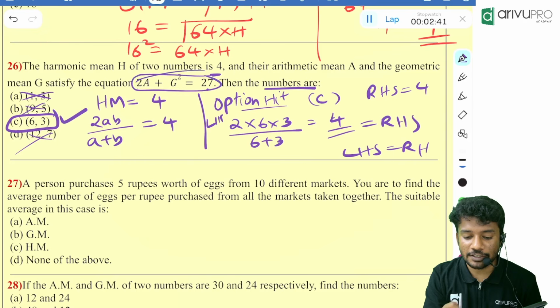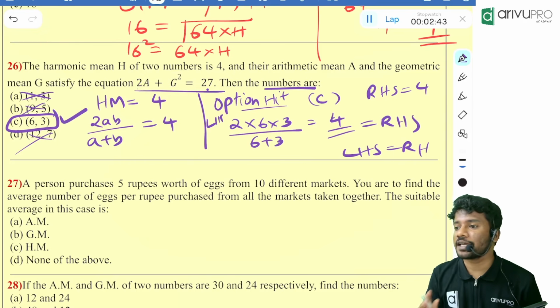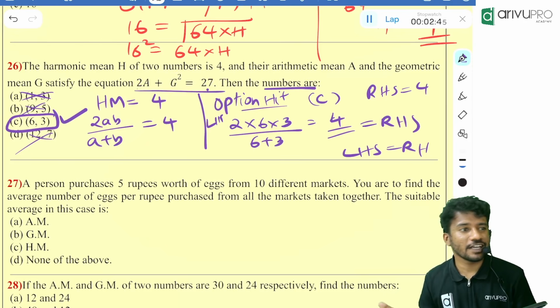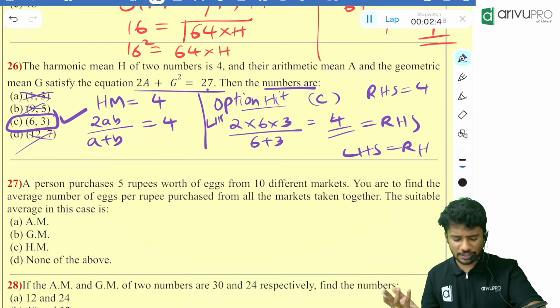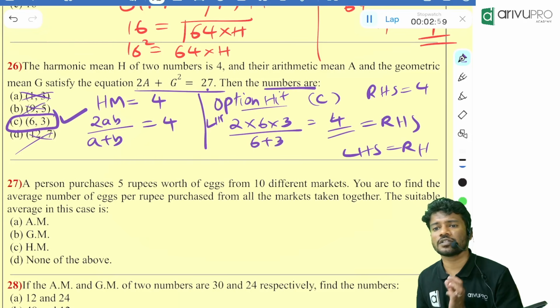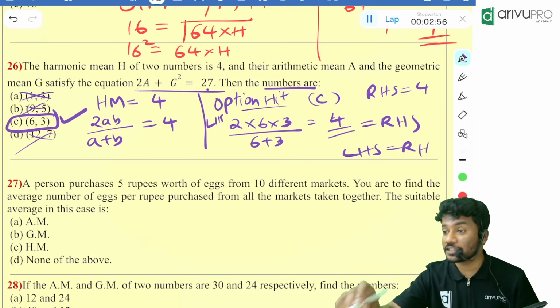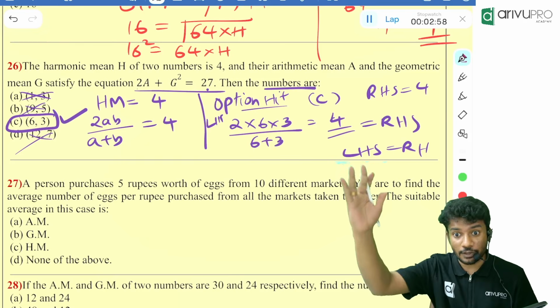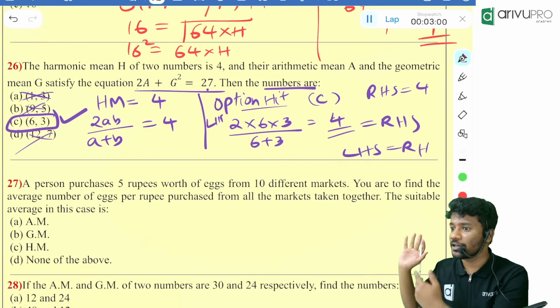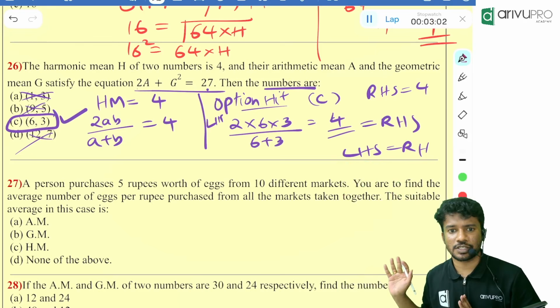Otherwise, you don't need to go for the next line. Are you getting the point? Very direct answer. Within how many seconds? 10 seconds you will get it if you know the formula of HM. I know when you see it like this, it looks like more. That's why we are solving it inside the class. If it was self-solvable, I would have directly given it to you as homework. It's a very good question.